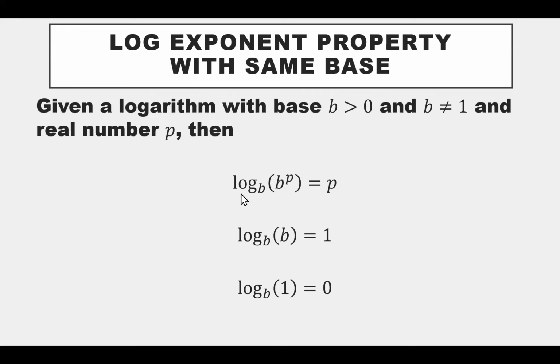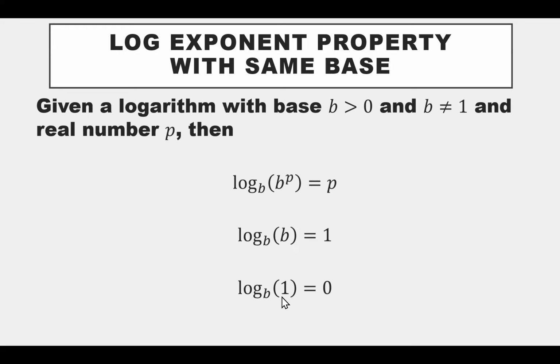Another way to say this is that if we apply log base b to b to the p power, the log base b and b to the exponent cancel each other out, and it just gives me back the exponent. Knowing that tells me log base b of b would have to be equal to 1 because b is b to the first power.